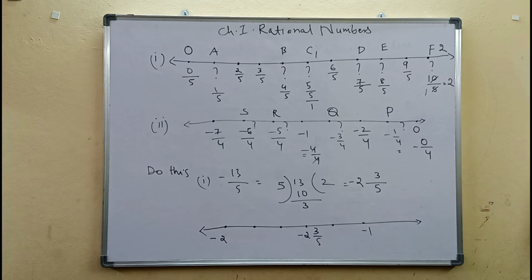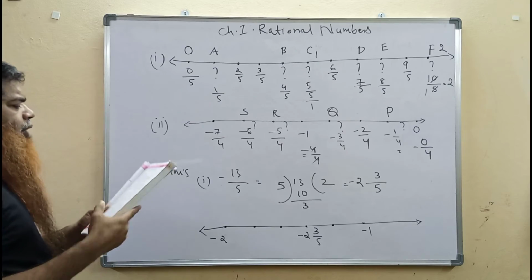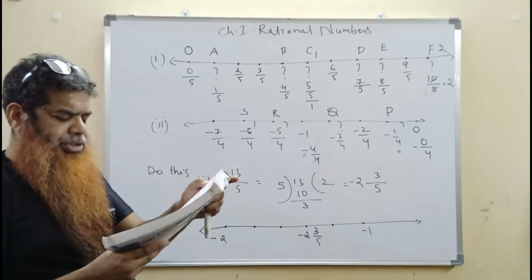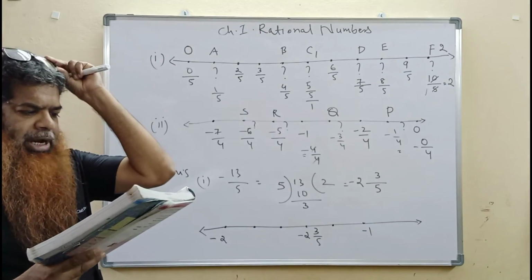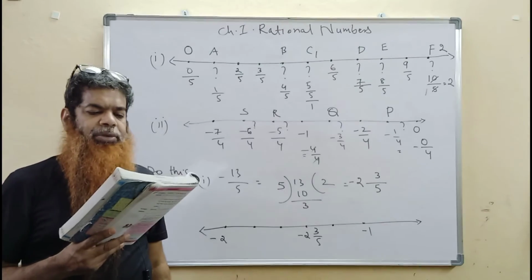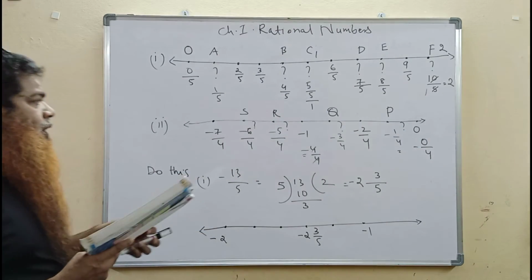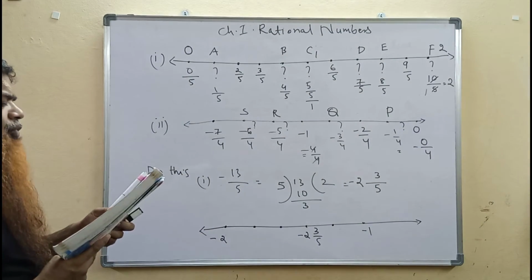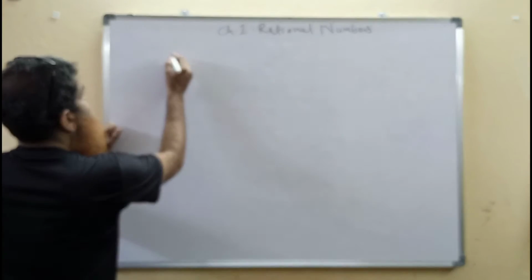So turning to page number 23, children, in your textbook, 1.5 part of the chapter, rational numbers between two rational numbers. Observe the following. The natural numbers between 5 and 1 are 4, 3 and 2.